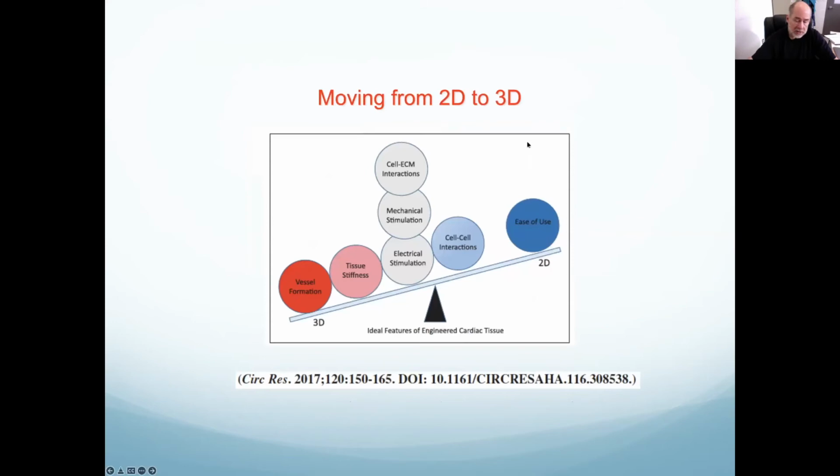So it's a scaling issue, right? The main reason we use two-dimensional cultures is they're easy to use. But in the heart, we have to think about how those cells are connected, not only to each other, but to the matrix they contract against, right? And how they're fed by blood vessels. So it's not an easy problem, but it's one that I think is coming going forward.